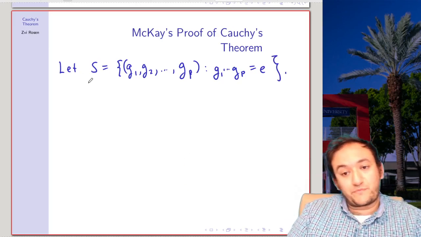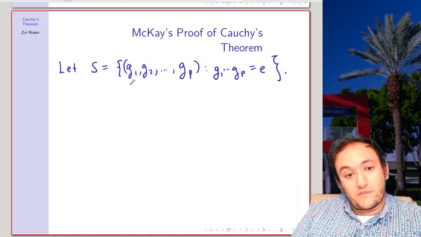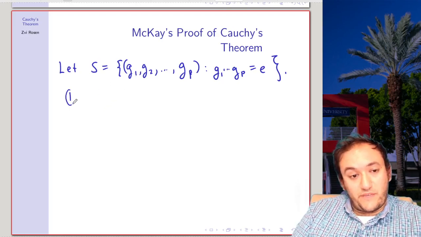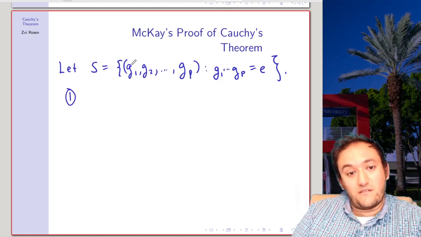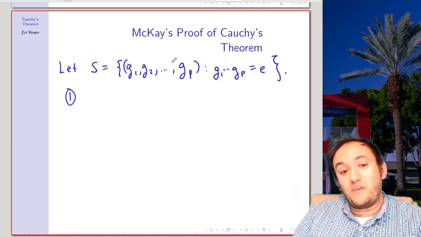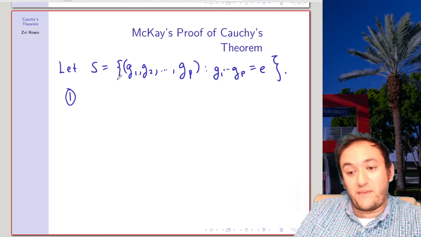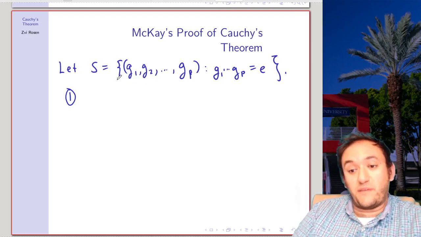Okay? So the first thing we should do is convince ourselves that we can set the first p minus 1 elements freely, and then the last element is determined by the previous p minus 1.